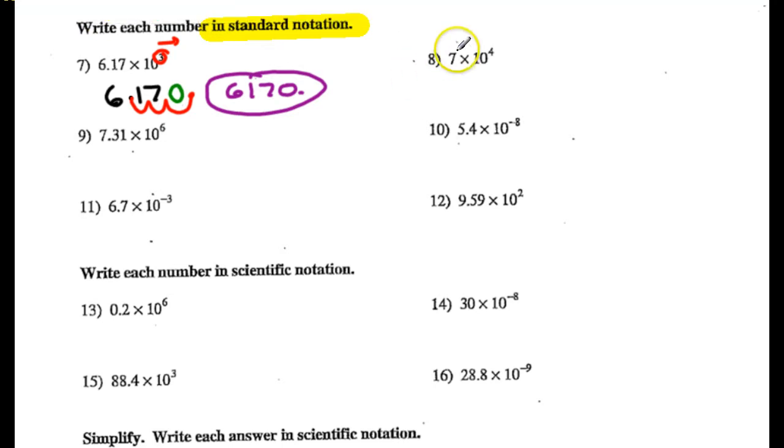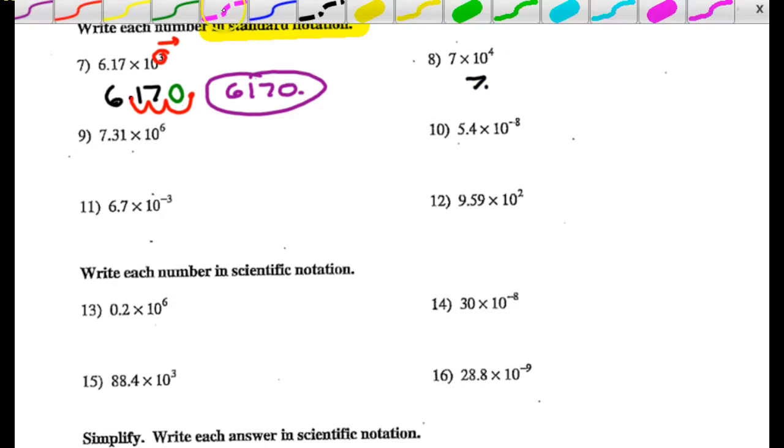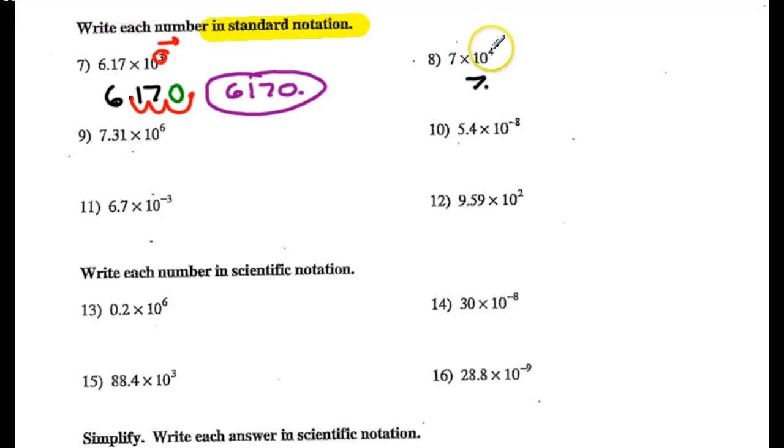Let's try another one. Number 8 says 7 times 10 to the 4th. So I'm going to write my first number, 7. And once again, there's no decimal. Remember we said if there's no decimal, it's at the end. So I'm just going to put it right there. Now I'm going to do my jumps. My exponent is a 4. It's positive. I go this way. So start here and do 1, 2, 3, 4 jumps.